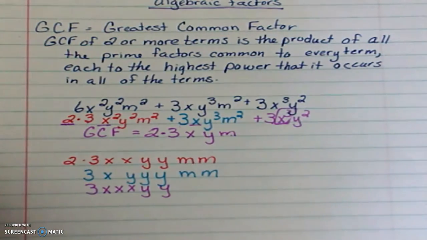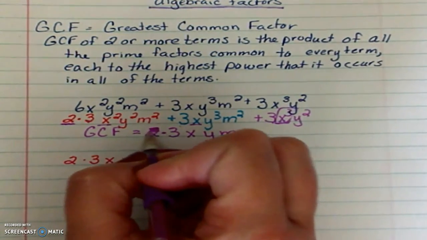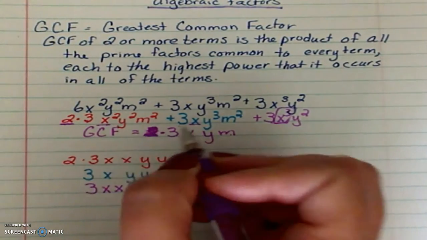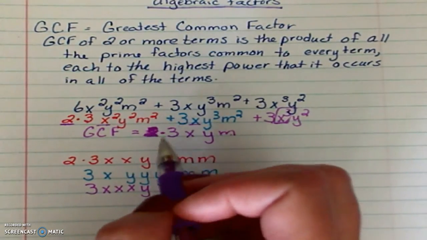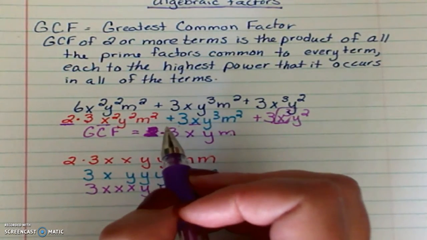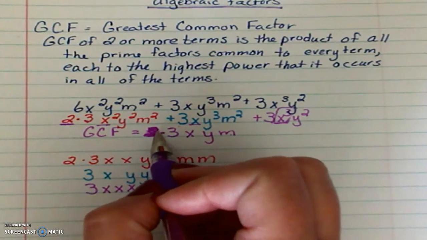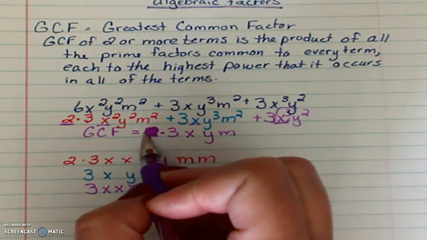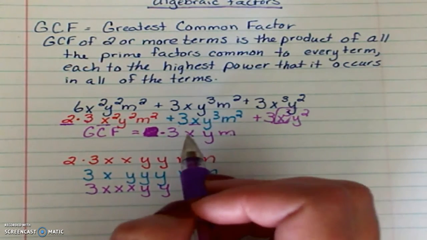So as I look at this particular problem, I want to figure out what is the greatest common factor. To find the greatest common factor, it has to be in every single term.